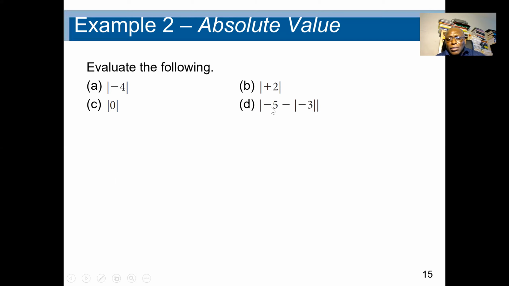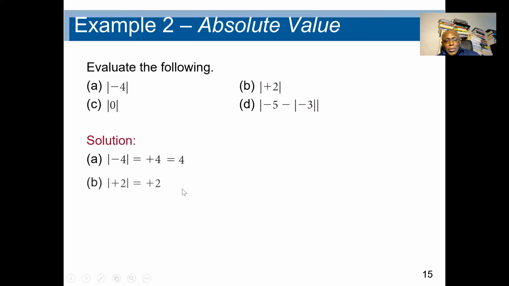The absolute value of negative 5, and so on. Here you can see that negative 3, the absolute value becomes positive 3. Then negative 5 becomes positive 5. Then we find the absolute value of the difference of the two. Now let's see our solution here. The first one, we said negative 4 will be positive 4.